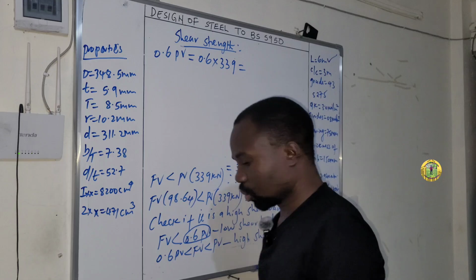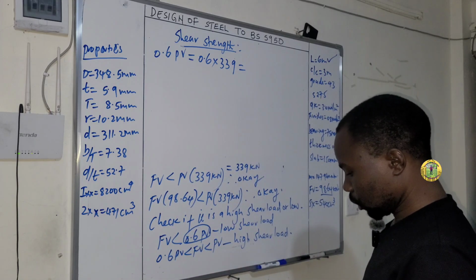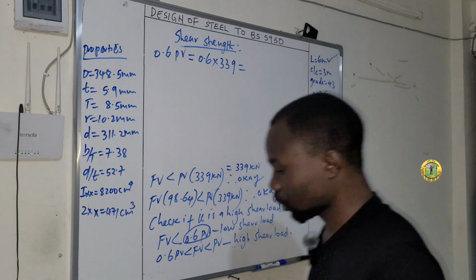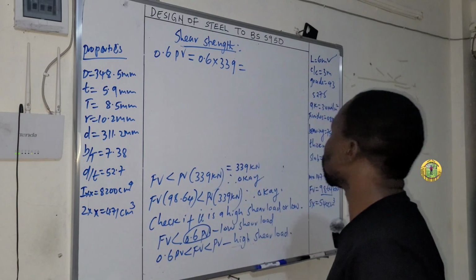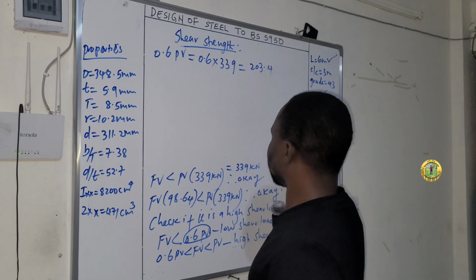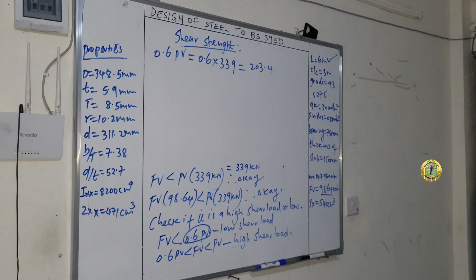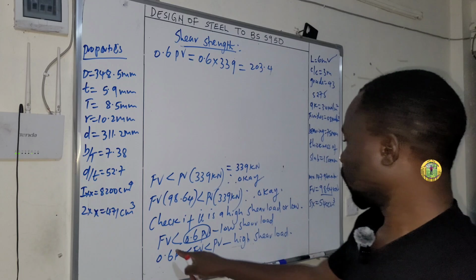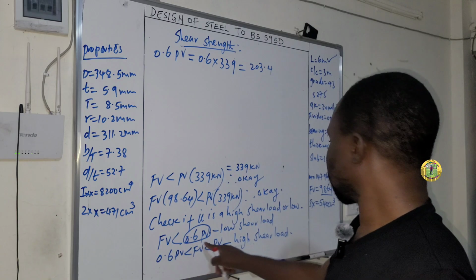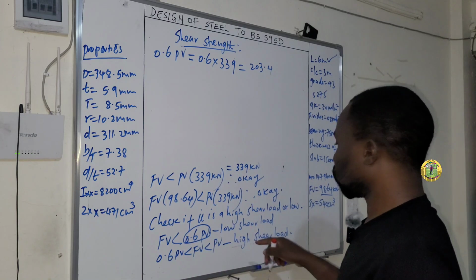This one is equal to 0.6 times 339, so this is 203.4. So let's now do the comparison. As you can see, Fv is less than 0.6 Pv, which is a low shear load.